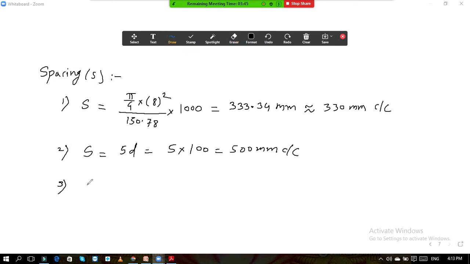And the third thing is spacing, in no case more than 450 mm. So choose the minimum value of the above. Minimum value is 330.